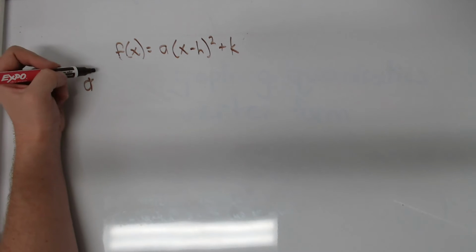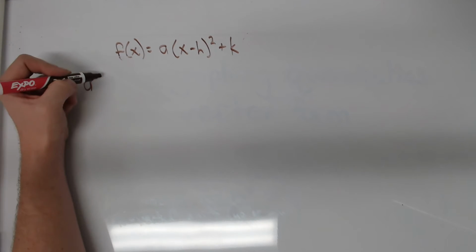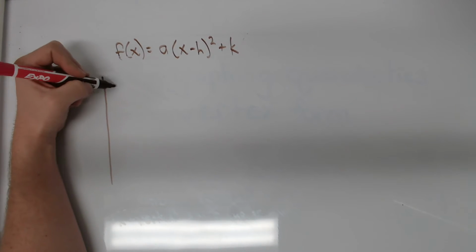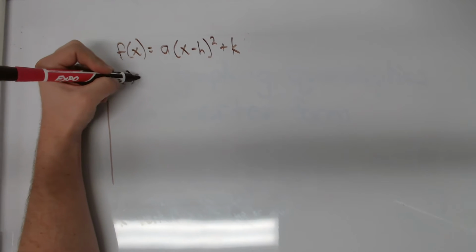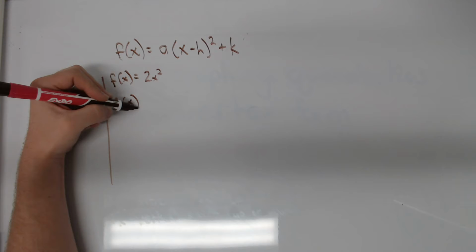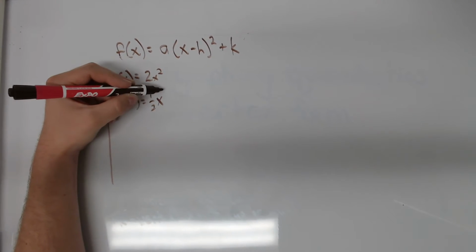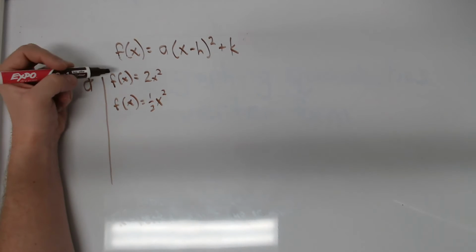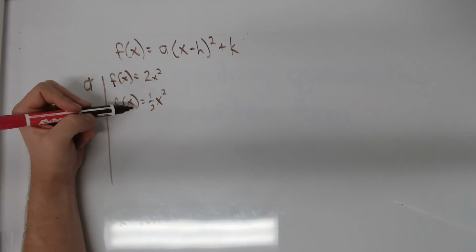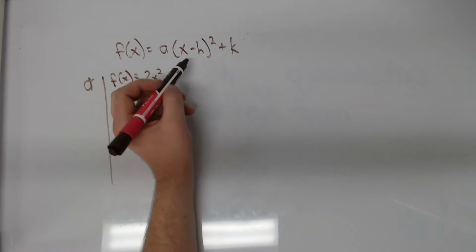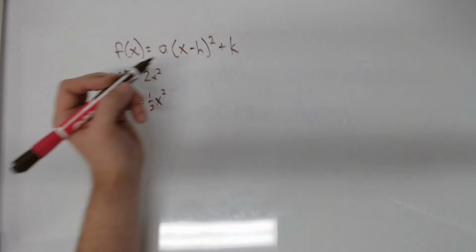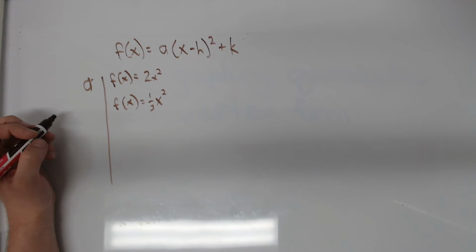So the a value, all of the things a can do. I'm going to write some example equations here. So a is 2 in this first equation, and a is 1/2 in this equation. I don't have anything in the parentheses, so there's no h value going on here. And I don't have anything added afterwards, so there's no k value.